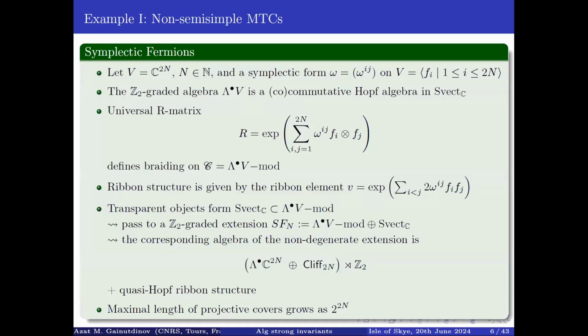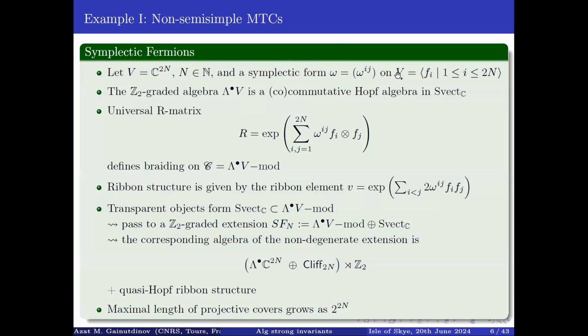Let me give you an example. So first, non-semi-simple modular tensor categories. That's my favorite example of non-semi-simple modular tensor categories. It's based on a very simple piece of data. You just take an even dimensional vector space, say a complex vector space, and a symplectic form on such a vector space, and it generates your modular tensor category. How?